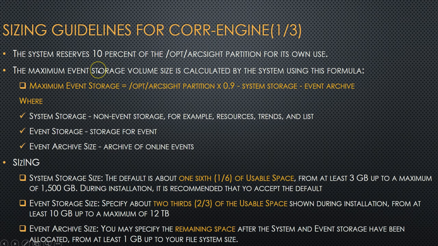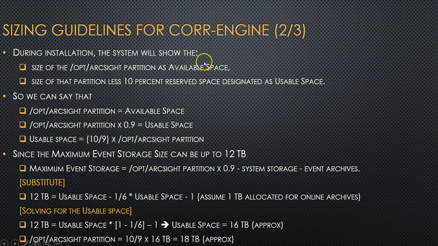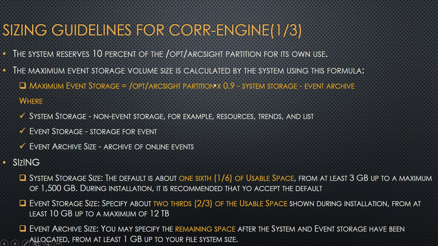Actually the system reserves 10% of the /opt/arcsight. This will be the main installation directory for the ESM software. So 10% of this main partition will be reserved by the system for its own use.